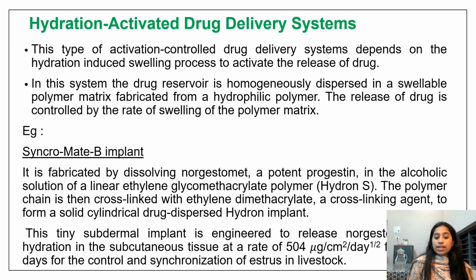This tiny subdermal implant is engineered to release the norgestomate upon hydration in the subcutaneous tissue at a rate of 504 microgram per centimeter square per day, for up to 16 days, for the control and synchronization of the estrus in livestock.